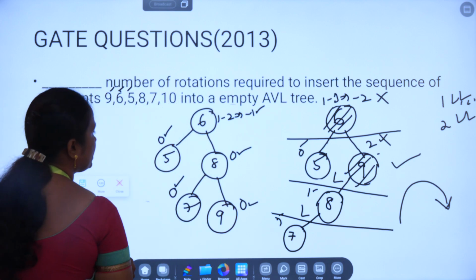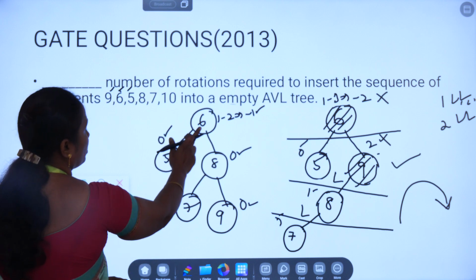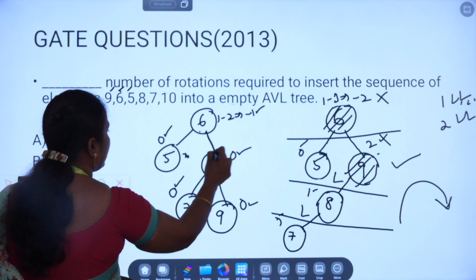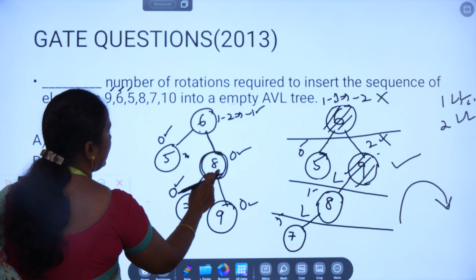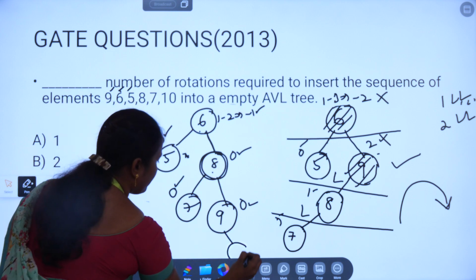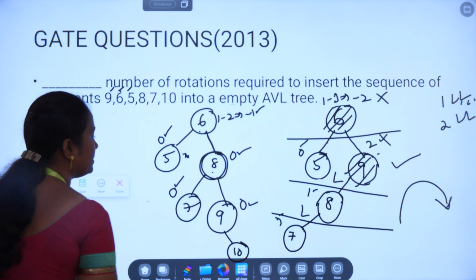When you insert the element 10, compare with the root node. 10 compared with 6 is greater, so come to the right. Already one node is there. Now 10 is compared with 8, it is greater, so come to the right. Now 10 is compared with 9, again it comes to the right.